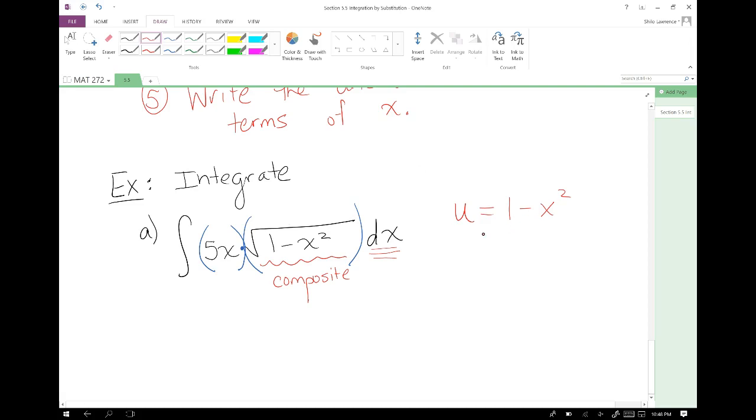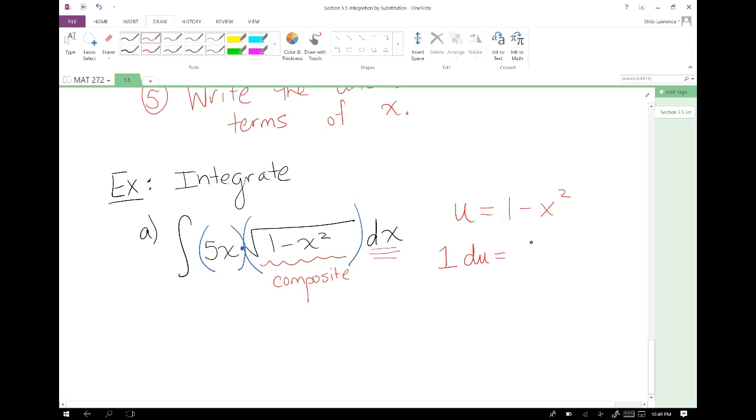So I'm going to take the derivative of both sides of this equation. The derivative of u in terms of u is just a 1, and we write du, and that means I took the derivatives considering u to be the variable. On the left-hand side, I'm considering u to be the variable, and the derivative of u is 1 with respect to u.